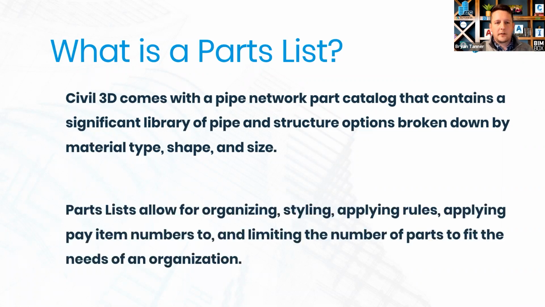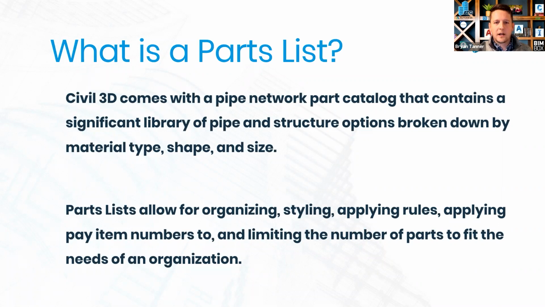The parts list allows us to break down that catalog into the types and materials of parts that we frequently use on projects. If we were to create a parts list to use inside of our templates and thus our projects that consisted of all parts, sizes, and materials from the catalog, we would have paralysis by analysis.